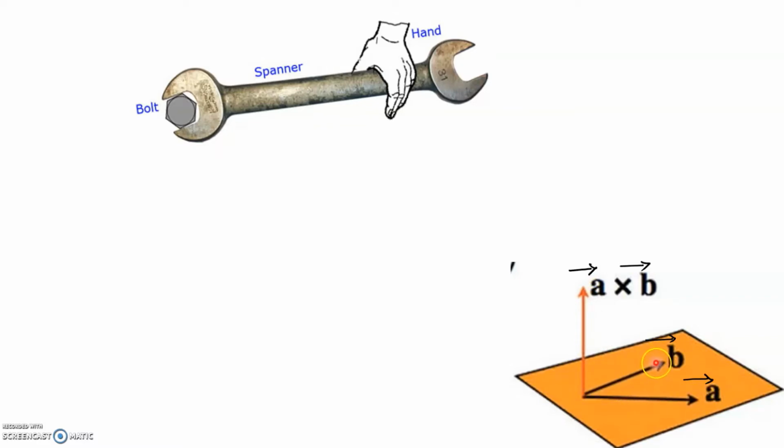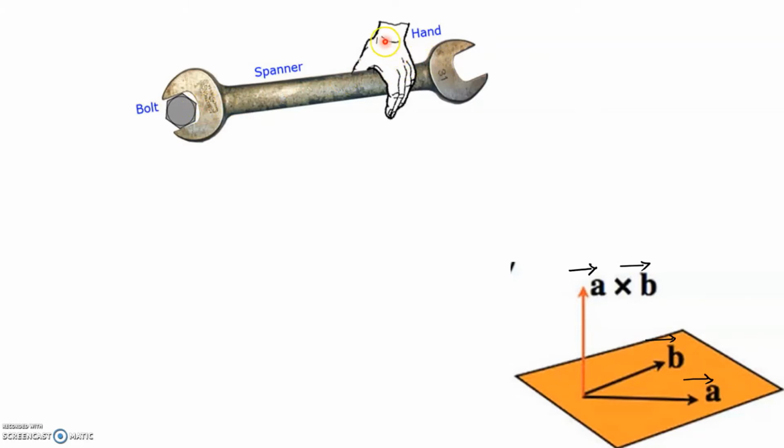How can we explain this? How can we understand this? Right. Now let's consider a spanner which is used to unscrew a bolt. How would you do that? You have the bolt and you have the spanner holding the bolt.